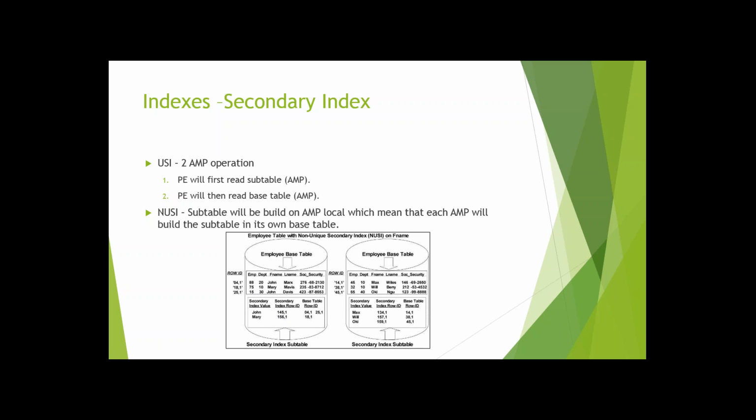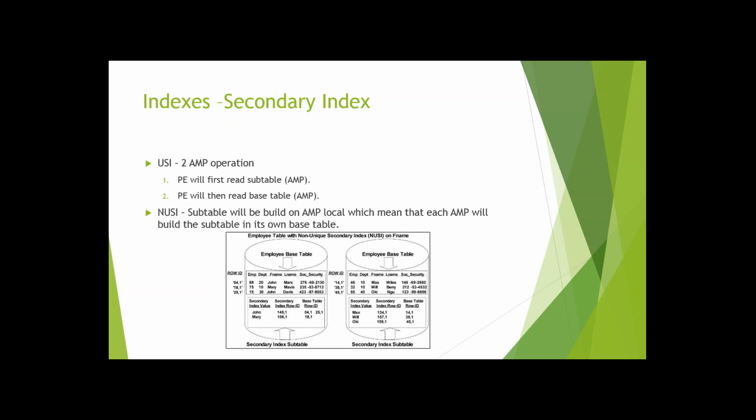So now this secondary index subtable will appear in all the AMPs. So when you query, it will go to 04, 1 and 25, 1, look at the hash map, get the AMP number, and then retrieve the data.